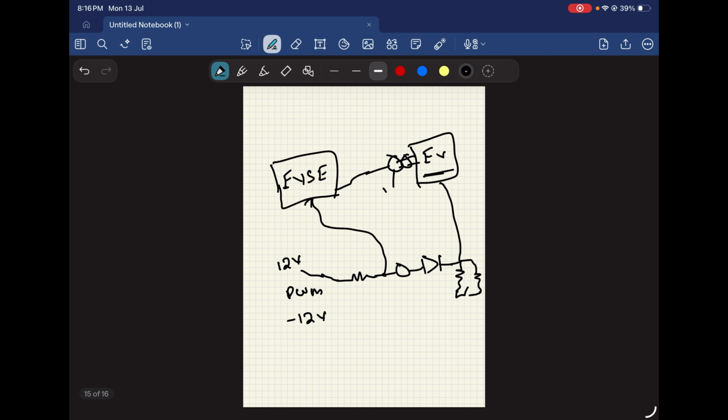Now initially 12 volts will be connected. Before the connector is connected properly, it will be 12 volts here. At that time the EVSE will decide there is no connection between the EVSE and the EV.